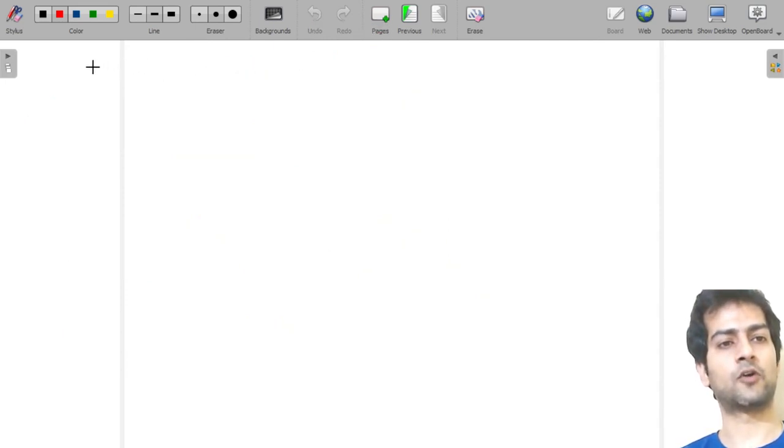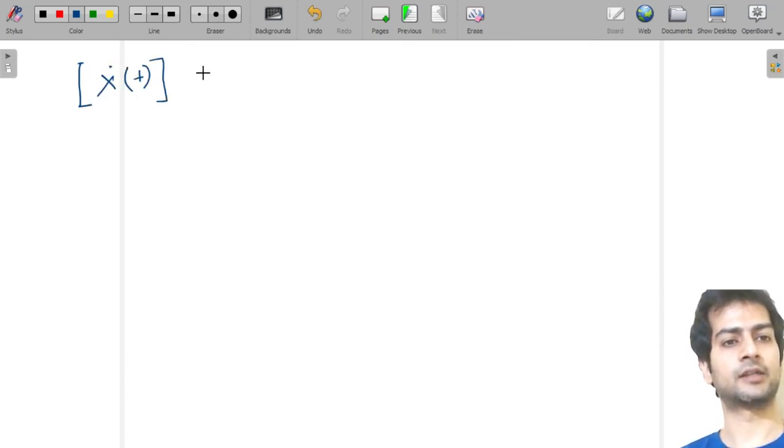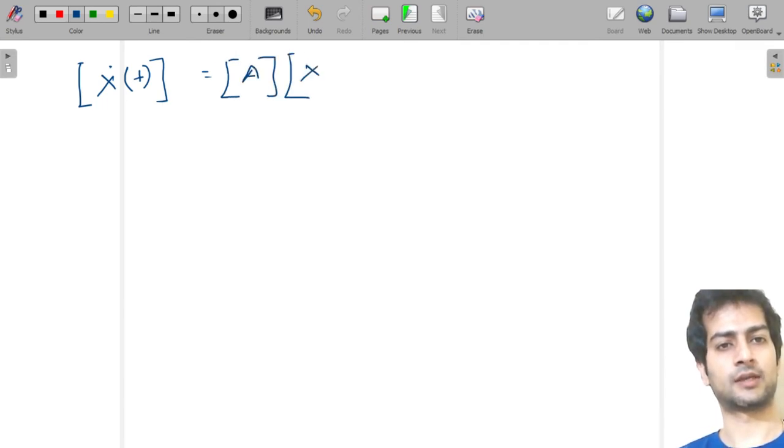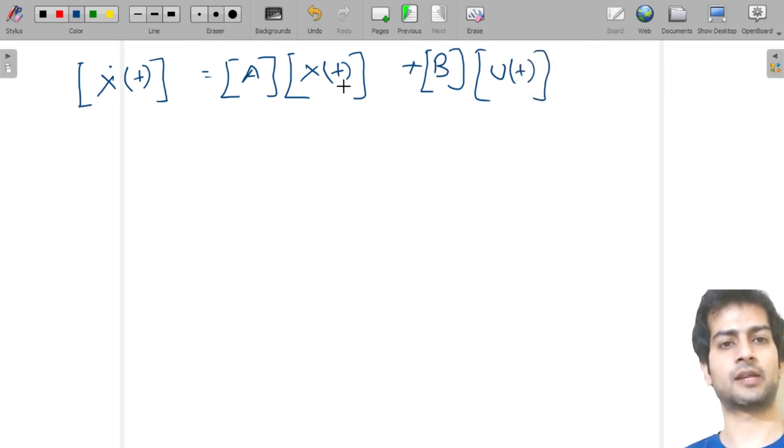So now see, what we saw: if we are given a state equation, something like this, and we are asked to find its solution, find its solution.